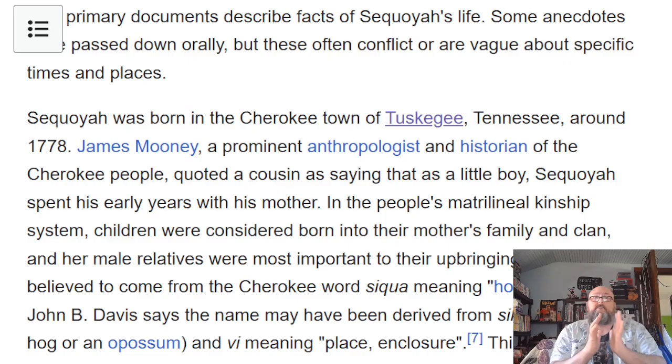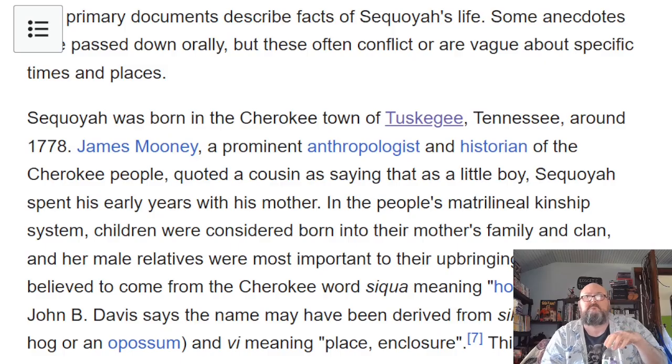So it wasn't necessarily under the father's, because our modern white society is patrilineal. You usually take on the father's name, and that's usually how systems of your history are even listed.